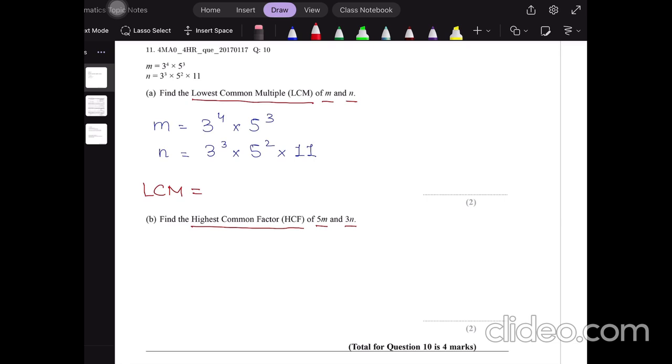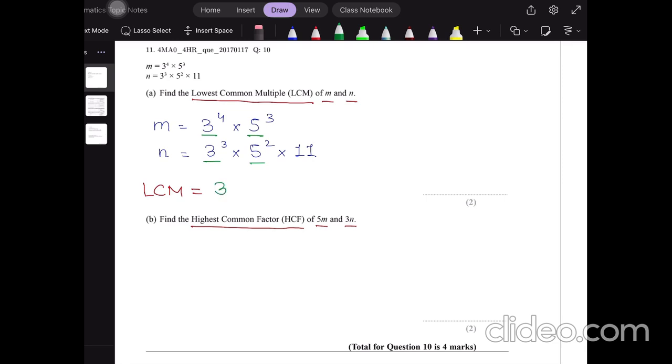I can see that the common terms between these two are 3 and 5. Now what about the exponents? One has the exponent 3 and one has the exponent 4. The trick is that when you are finding the LCM, you always take the common term with the highest power.